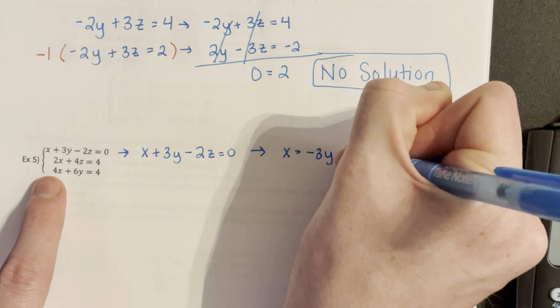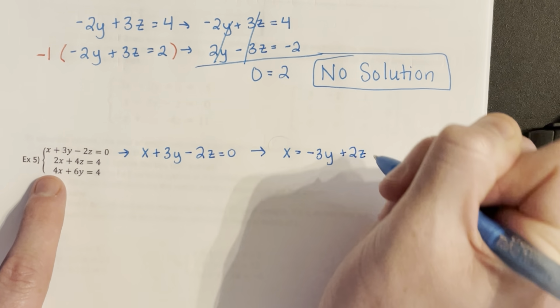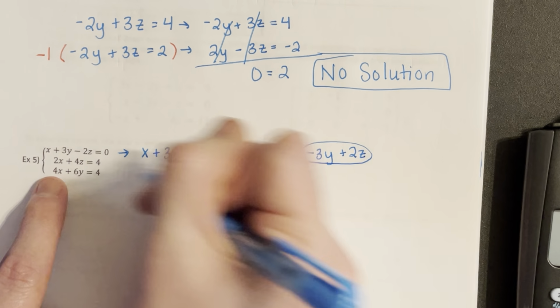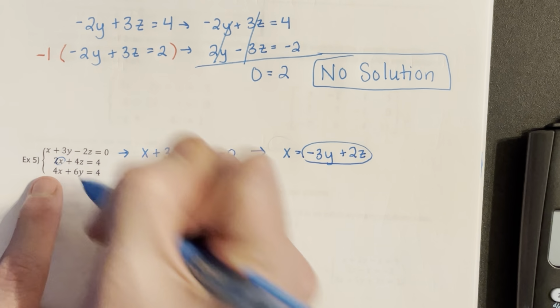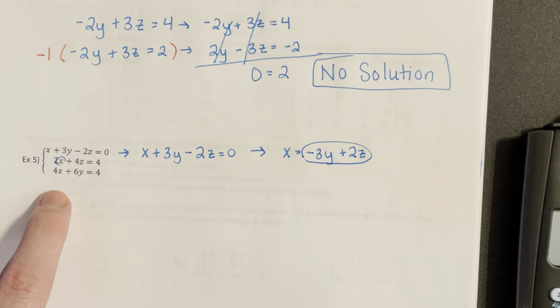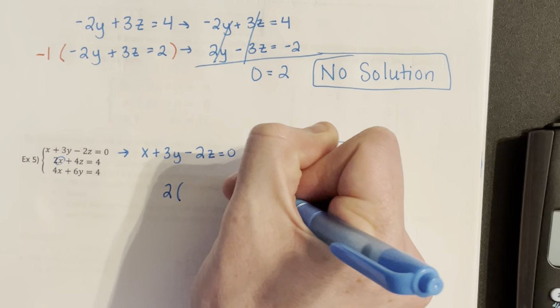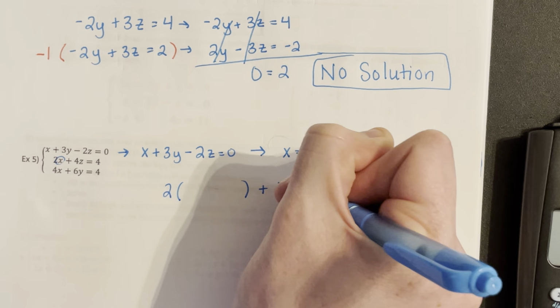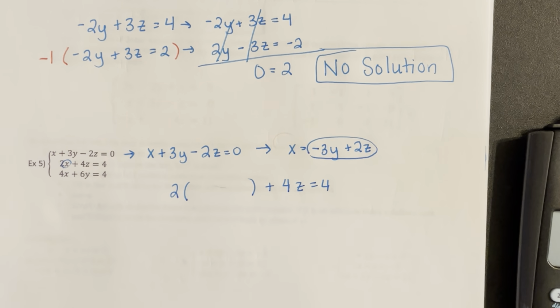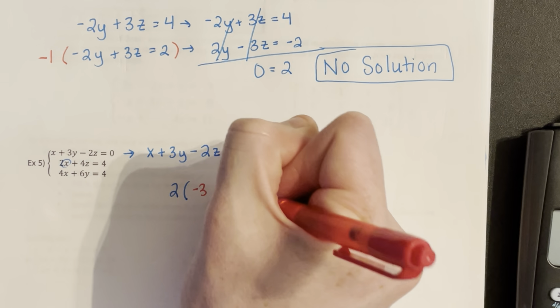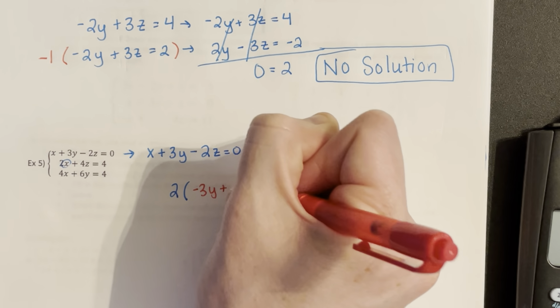That'd be a -3y plus 2z. I can take that and substitute it in for x into either one of these equations. So that would say 2 times this thing plus 4z equals 4. That thing happens to be negative 3y plus 2z.